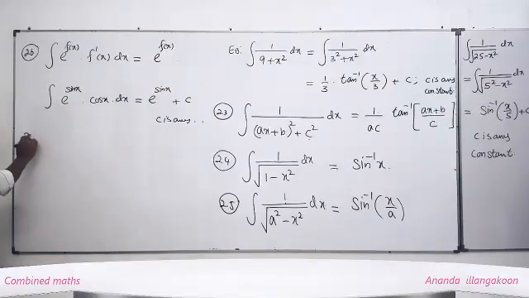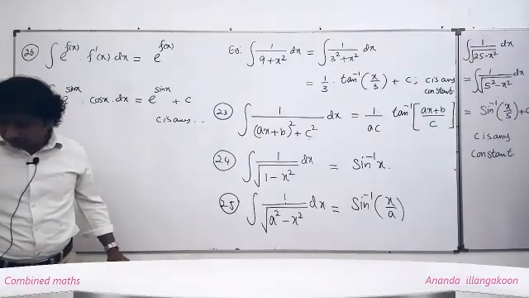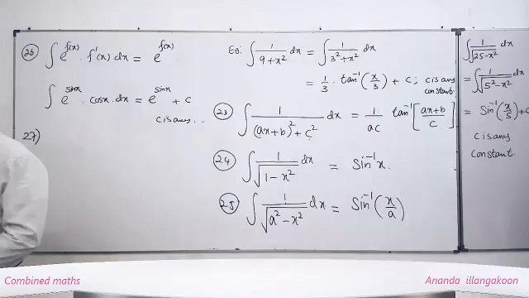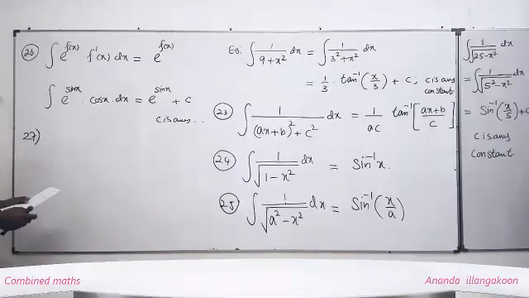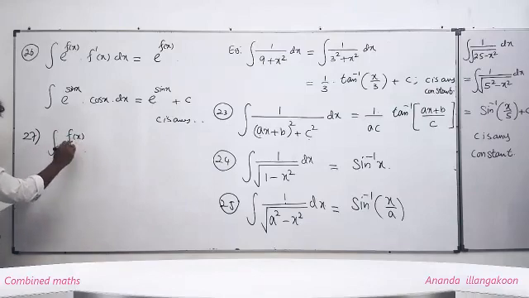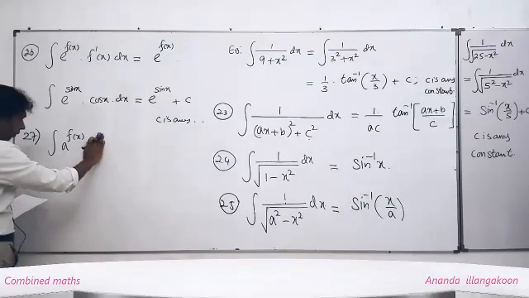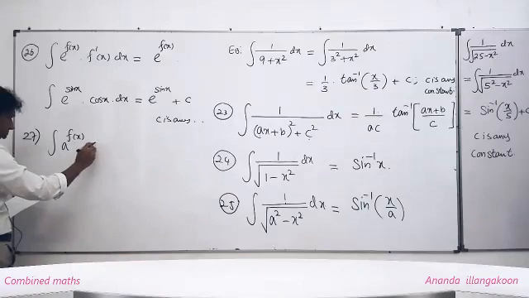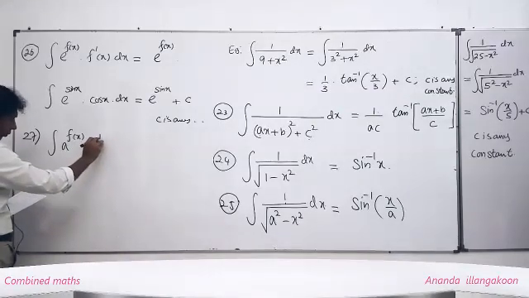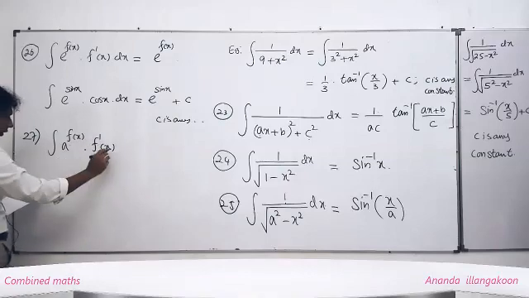Number 27, people, next one. Number 27 is this: a to the power f(x), multiplied by f dash x dx, where f dash x is the derivative of f(x).